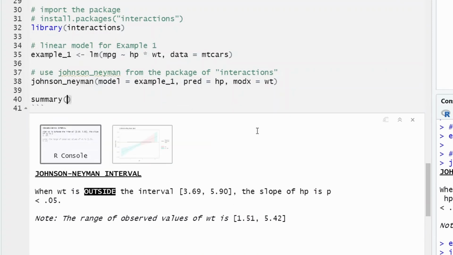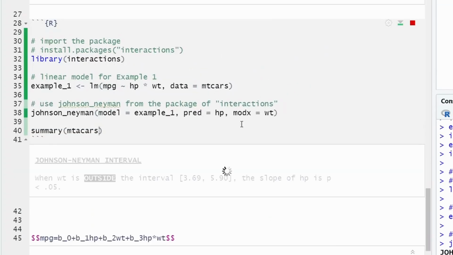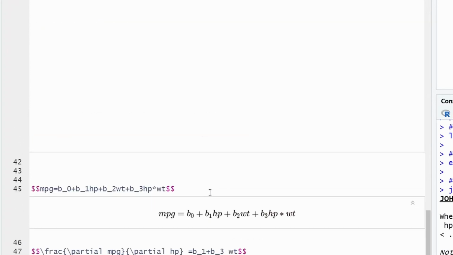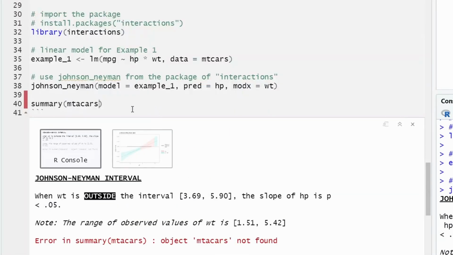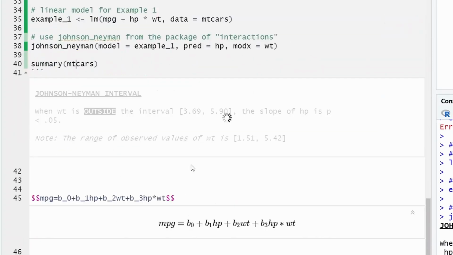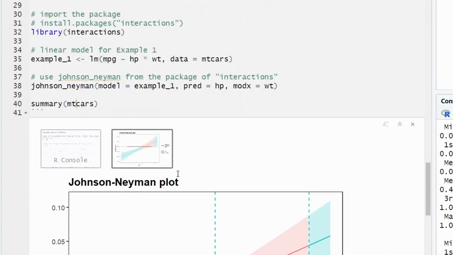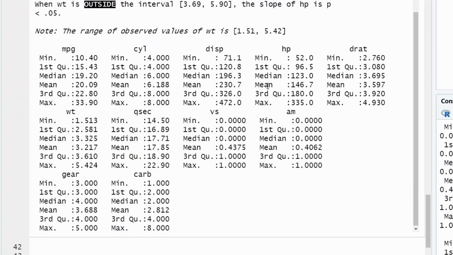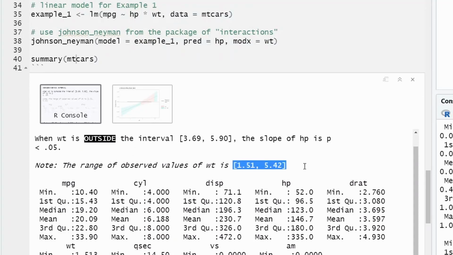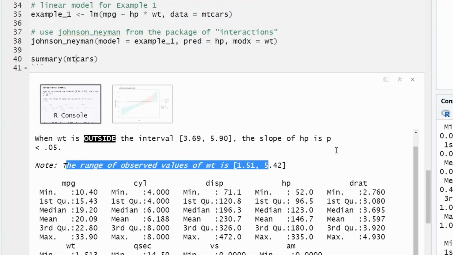Summarize the mtcars, and we can run it to see what the data set tells us. Okay, that's a typo. Now we see that for the weight, the minimum number is 1.51 and the maximum is 5.42. That's what the Johnson Neyman output is telling us.